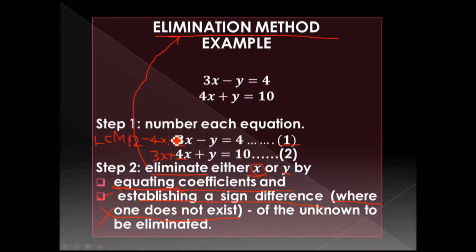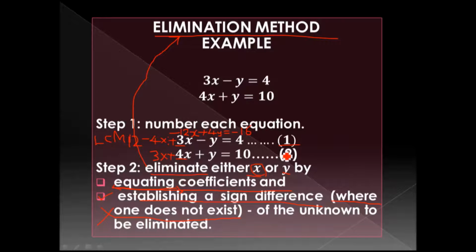So negative 4 times 3x will give us negative 12x. Negative 4 times negative y gives us positive 4y. Negative 4 multiplying 4 gives us negative 16. Don't worry, all these terms are neatly presented for you on the next slide. I'm just developing the background for what we'll be looking at in the near future. We do the same for equation 2.